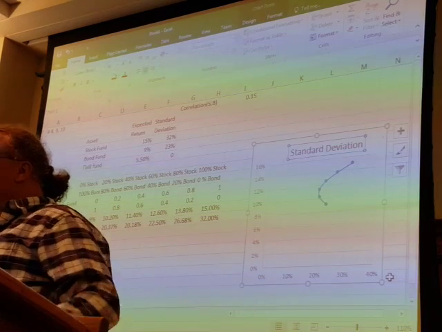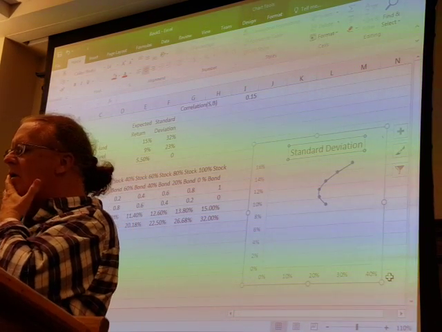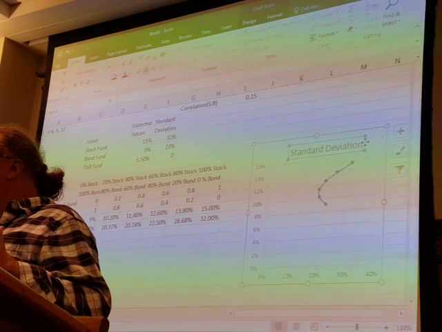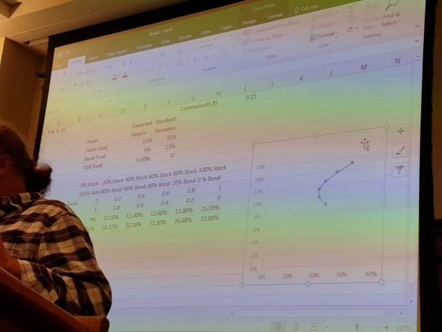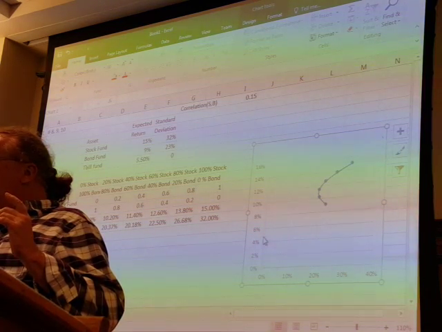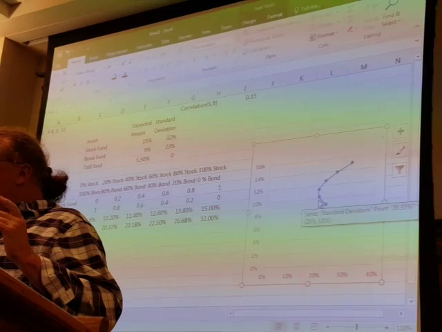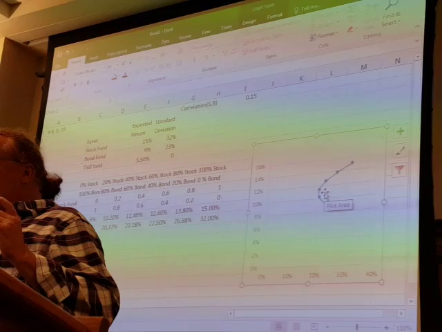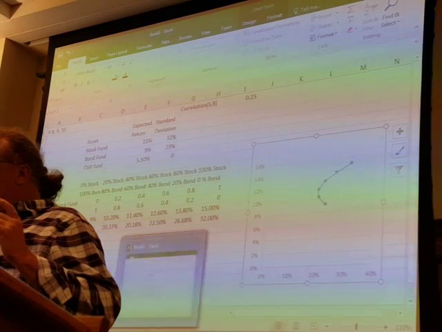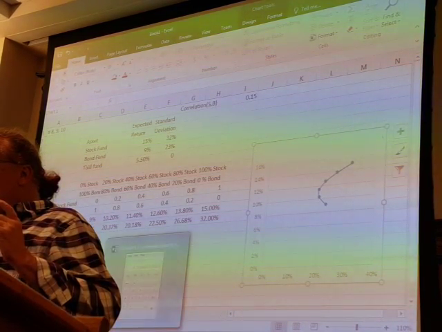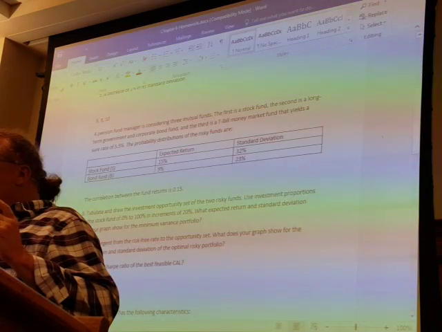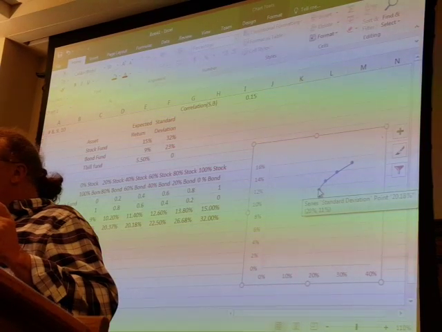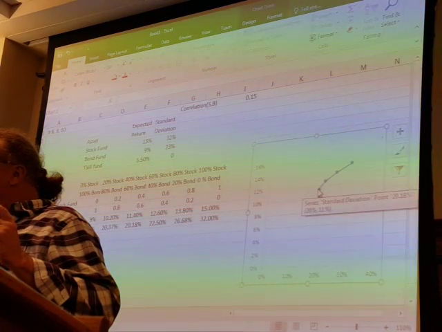It's 5.5 and it's going to go up here to 20.18. That is the minimum variance portfolio, and this is it right here.